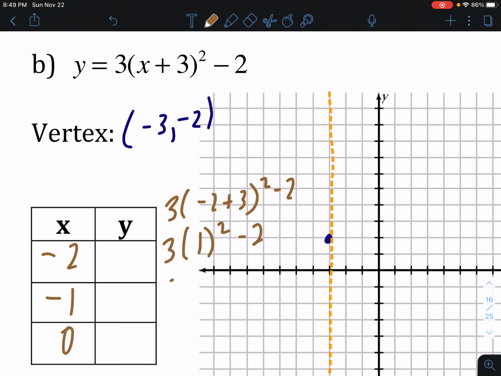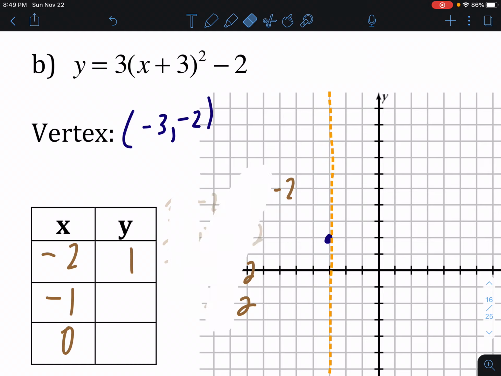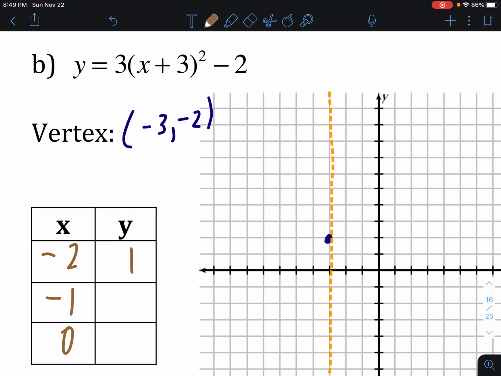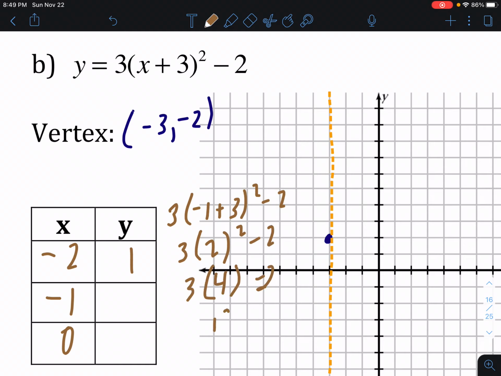Parentheses, exponent, multiply, subtract. Then the negative 1. Gets 10.